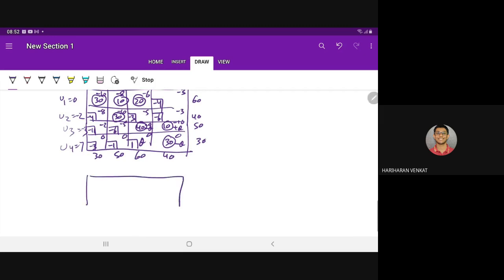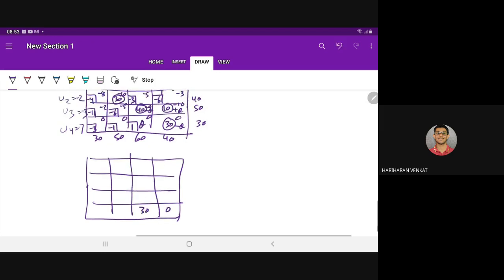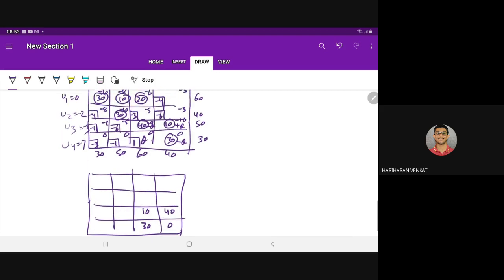So as you do just the last step, here we have the 0, here we have the 30, here we have 40. Here we have the 10, 10, and here we have the 30, 30, 10, 20.